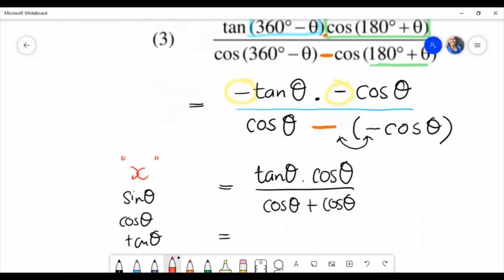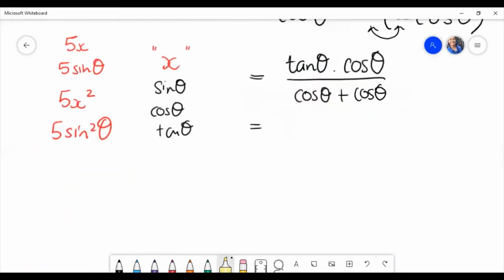If you had 5x, it's the same as saying 5 sine theta. If you had 5x squared, it's the same as saying 5 sine squared theta. On your calculator, the square does not appear here.